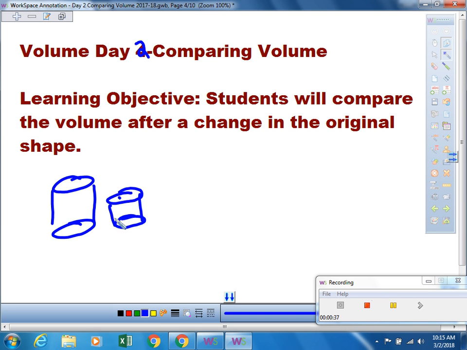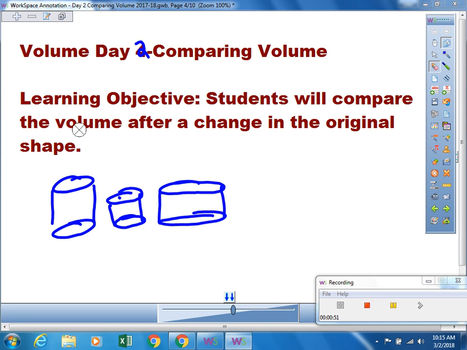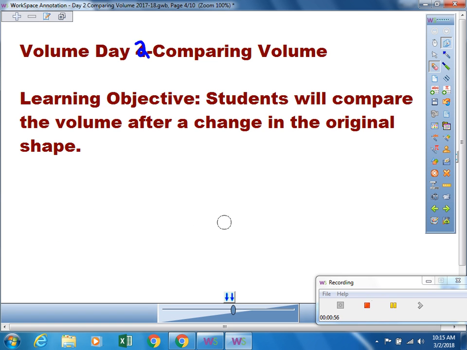How do the volumes compare? How do the volumes compare if you take this and you double the radius to keep the same height? So that's what we're going to do. We're going to look at increasing different components of your figure.